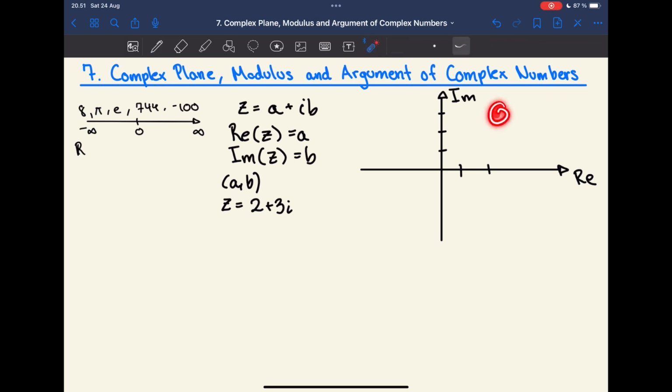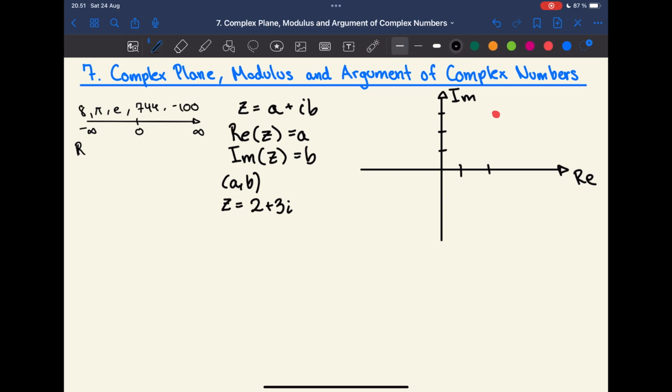So for example, it would be here, and just like we had the real numbers over here, you can see that if we have the imaginary part equals 0, then you wouldn't go up or down on this axis, and you would simply lie on this axis. So what we see is that the real numbers are actually included in the complex plane, or the complex numbers.